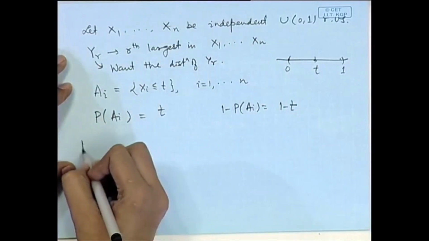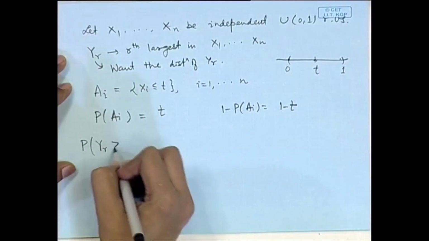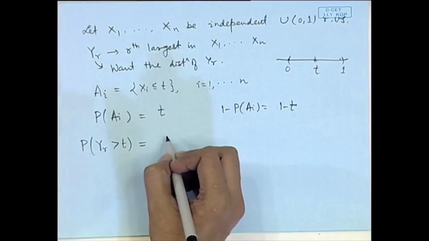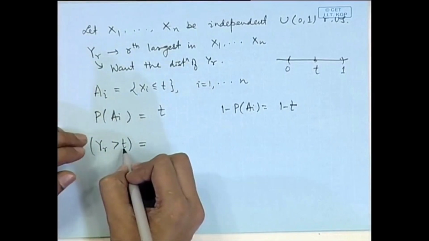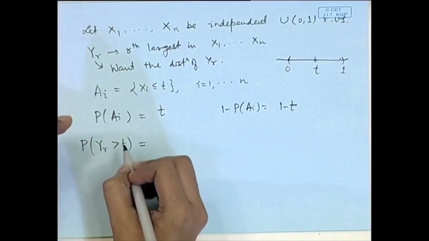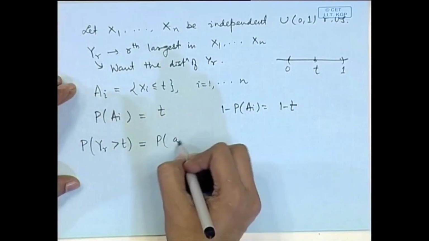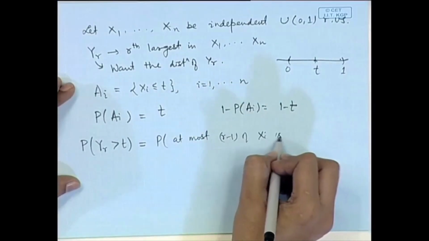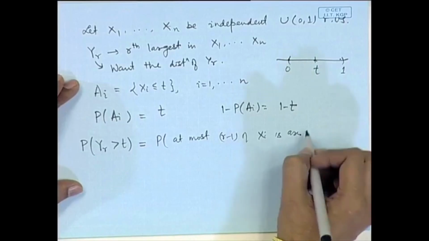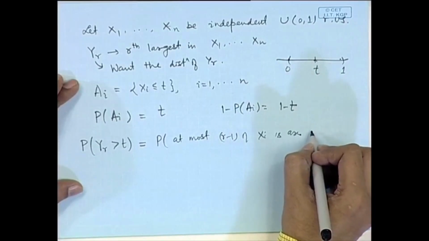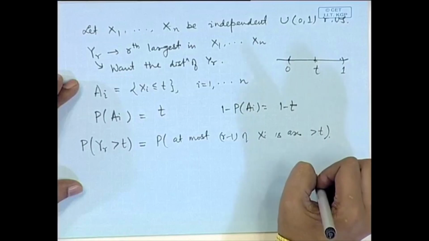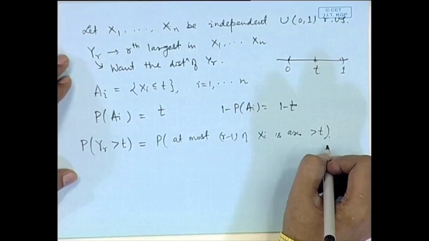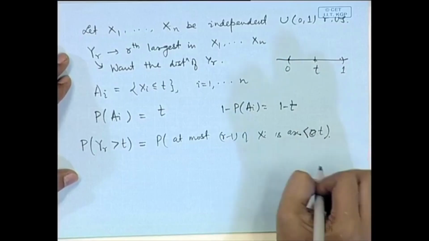So, if we are looking at the probability that y r is greater than t, it is equivalent to the event that at most r minus 1 of the x i's are less than t.